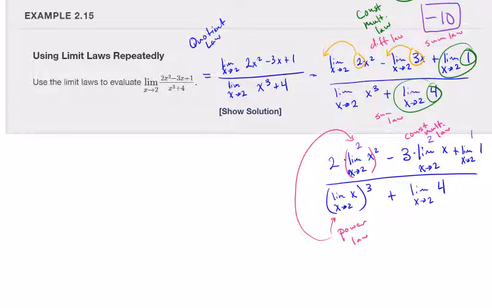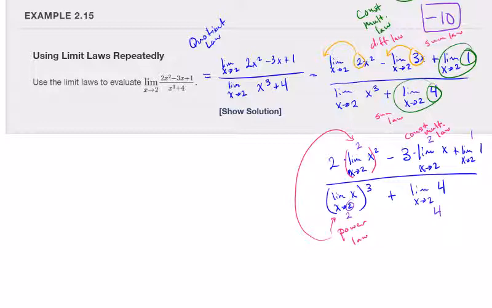This is 1. This is 4. And this is 2, right? And those are our basic rules, so we don't have to label those. But anytime we have a limit of a constant, we get that constant. And that's true there and true there, right? And then anytime we have the limit of x, we just get whatever value we're approaching, right? And that's why all those are 2's, okay?